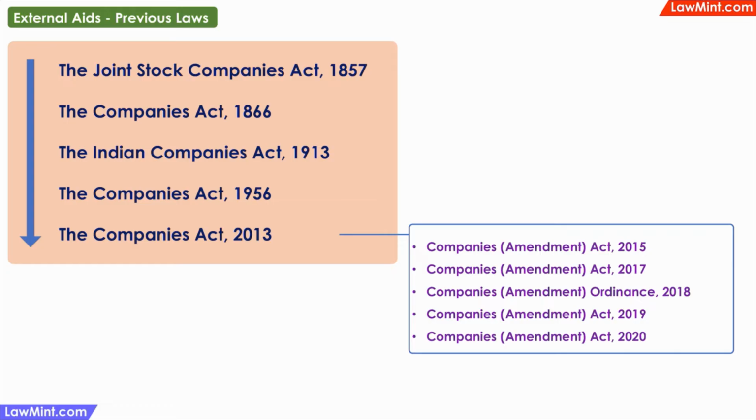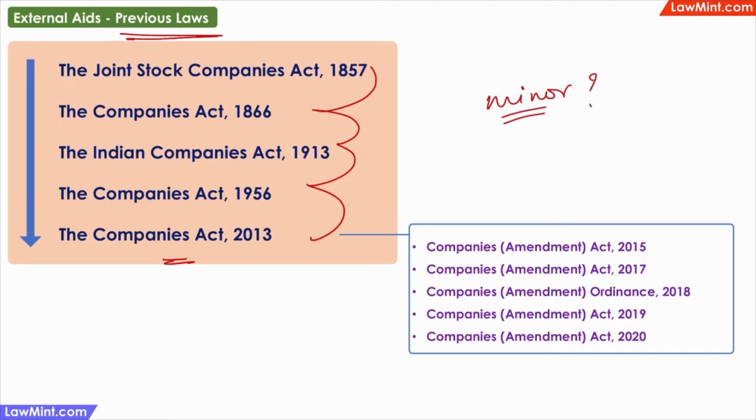Another aspect that is connected with the history of a statute is previous laws on the same subject. For example, if we are looking at interpreting a provision in the Companies Act of 2013, we can look at the previous acts on the same subject. In some situations, an old law can help in closing gaps in the new law. Suppose that a new statute is enacted that prohibits the sale of alcohol to minors, and the new statute does not define what constitutes a minor.